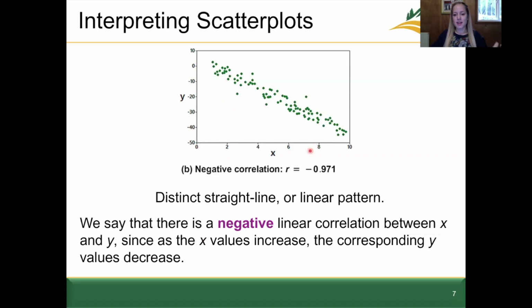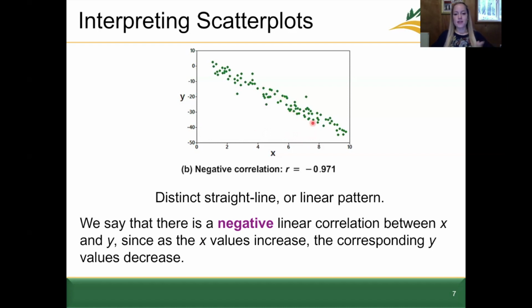Let's say we have an X value of 8, then we go up here to the Y axis, and maybe that Y value is about -38. So we had (2, -8), then (8, -38). As X increases from 2 to 8, our corresponding Y values decrease from -8 to about -38.